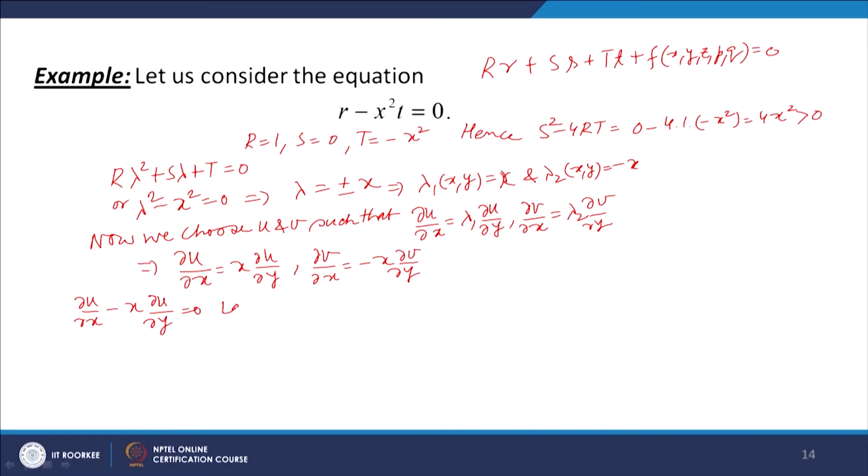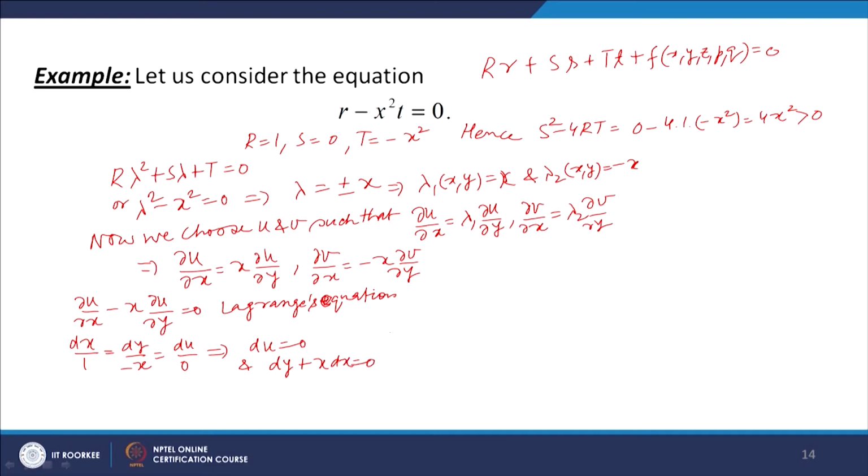This is a Lagrange equation, so in the case of Lagrange equation, here we have instead of z we have u. So, we have dx by 1 equal to dy by minus x equal to du by 0, which implies that du equal to 0 and dy plus x dx equal to 0.